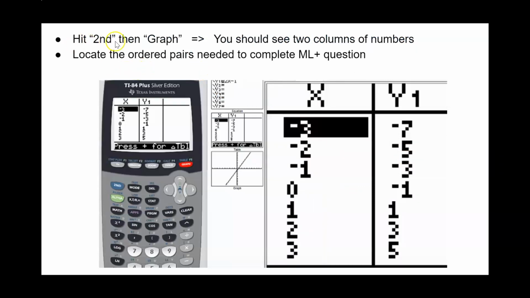Then you're going to hit second, then graph, and you should see two columns. This is where we're going to locate the ordered pairs needed to complete the question in MyMathLab Plus. They'll give you a table of what to complete in MyMathLab Plus, and you just fill out that table.